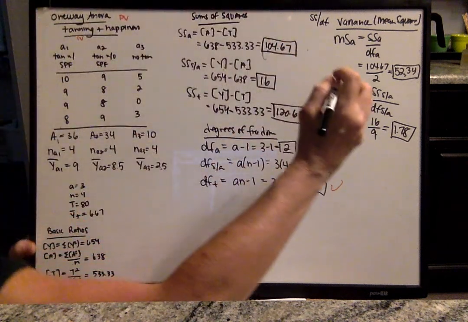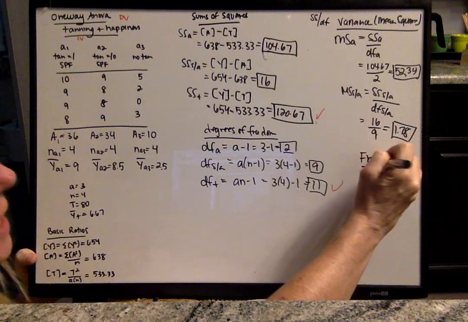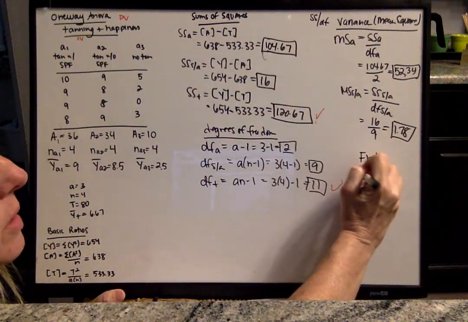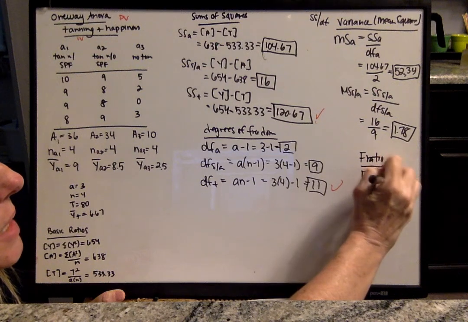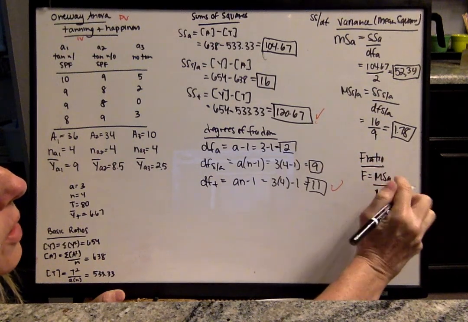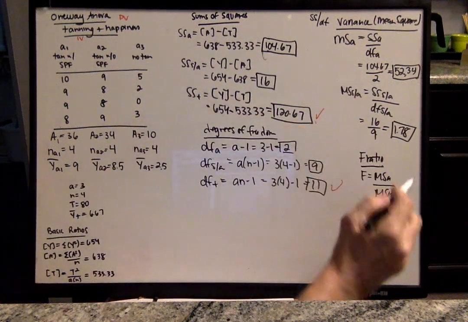Once we have the mean square A and the mean square S over A, we are ready, finally, after all of this, to calculate our F ratio. And our F is equal to our mean square A divided by our mean square S over A. And remember what these things refer to.